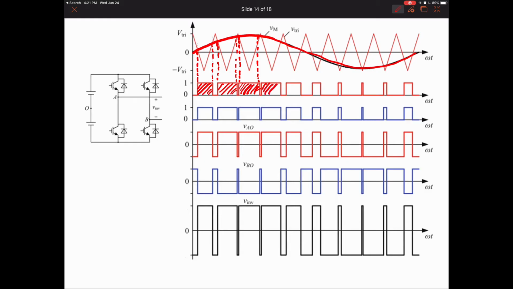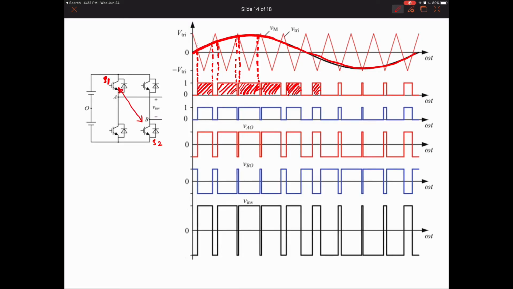So you are generating the pulses by comparison of the reference and the carrier, exactly the same as we did in the previous slide. This set of pulses is applied to, let's suppose, this switch S1 and this switch S2. We are going to turn on these two switches.